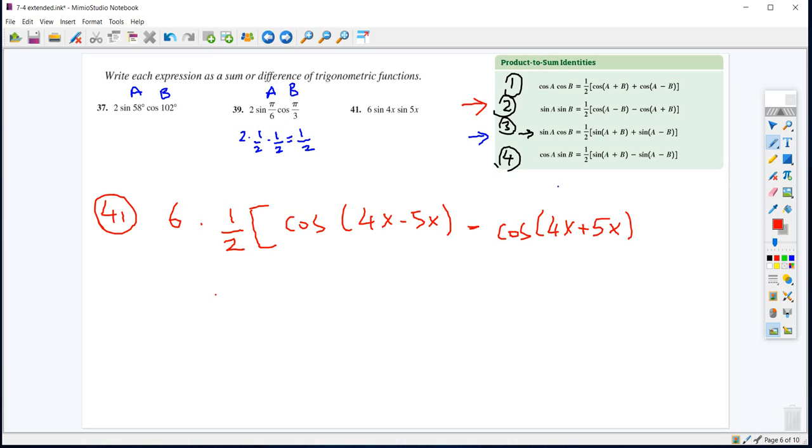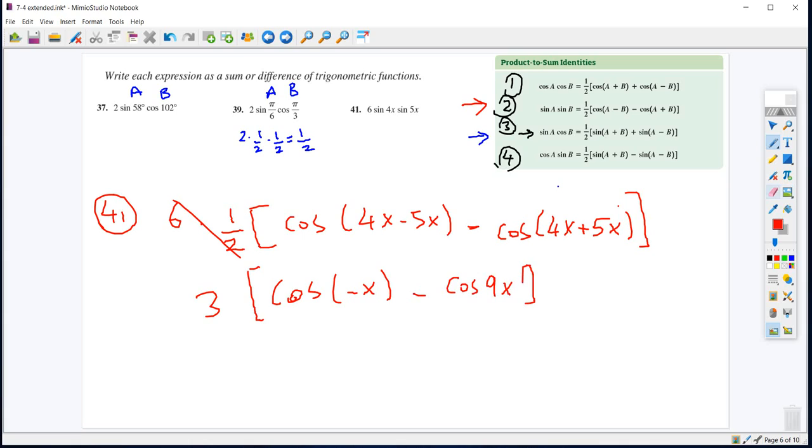So, that's a 3. And here we have a cosine negative x. If you subtract the 5x from the 4x, that's a cosine negative x. And 4x plus 5x is just 9x. So there we go. That's our answer.